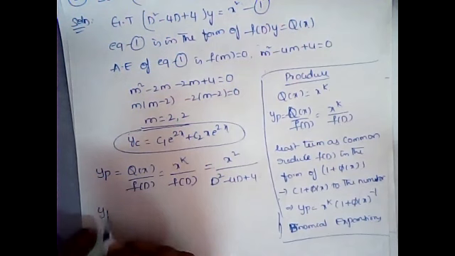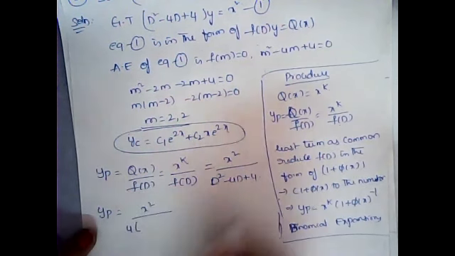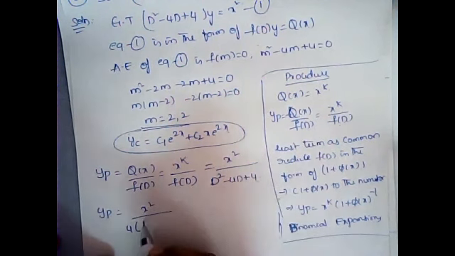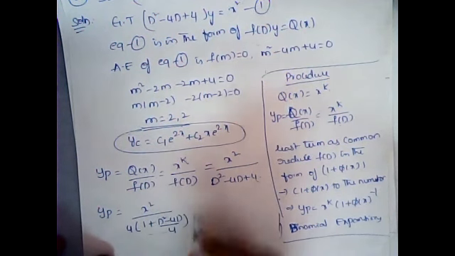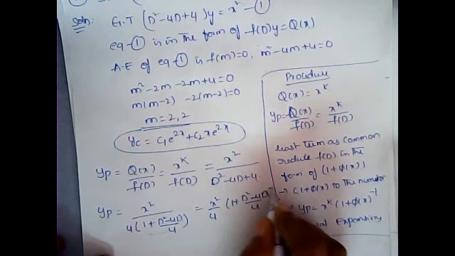So yp equals x squared by 4 into, when I'm taking 4 as common, in the place of 4 I will be getting 1, so 1 plus (D squared minus 4D) by 4. Now this is in the form of 1 plus phi of D form, right? So now taking this to the numerator, it will be x squared by 4 into (1 plus (D squared minus 4D) by 4) whole inverse.